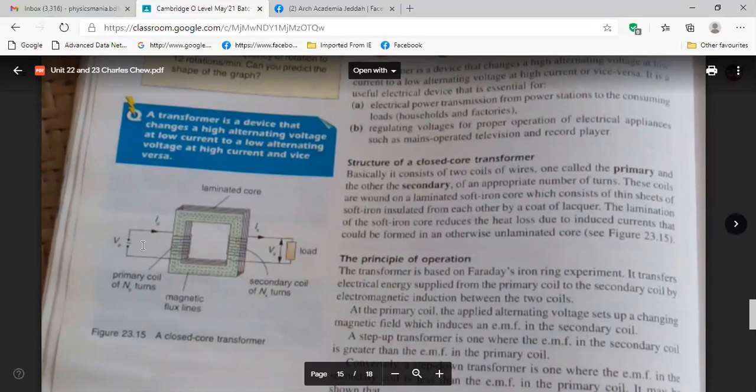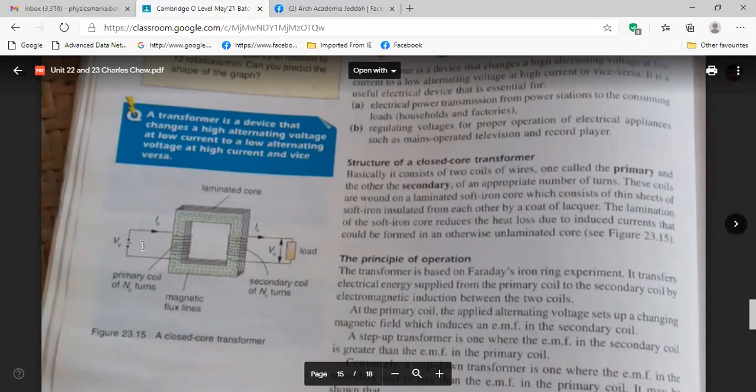So AC voltage, when it goes anywhere, it changes the direction, right? And you also got that AC voltage has a minimum to maximum value, right?